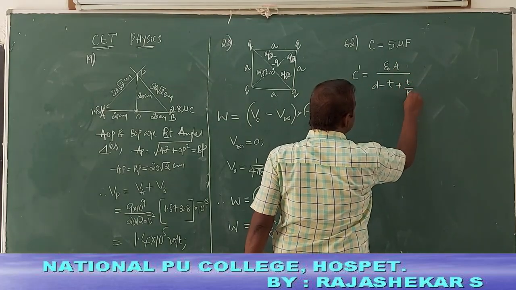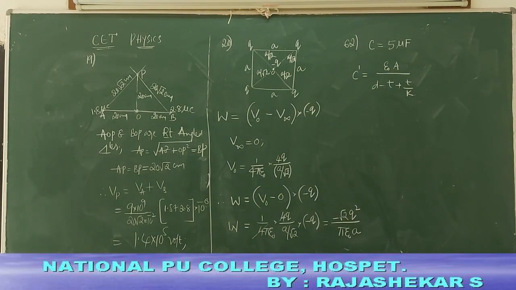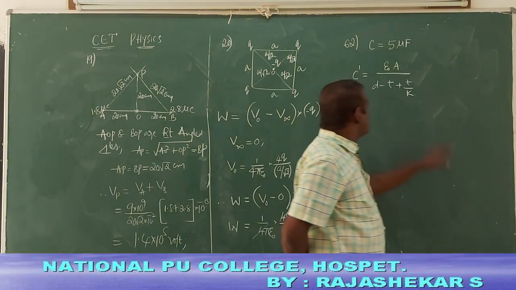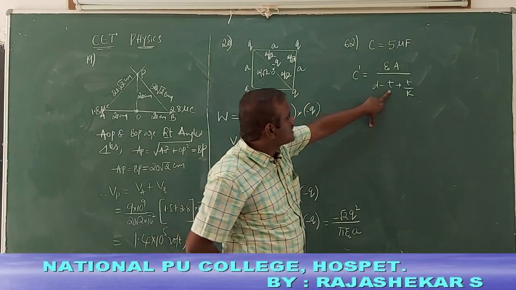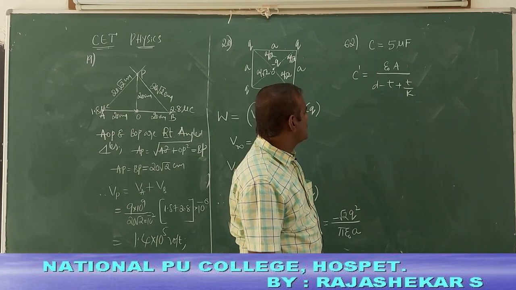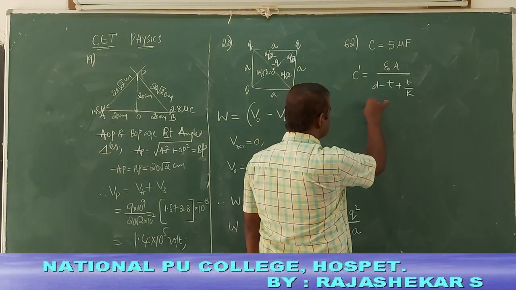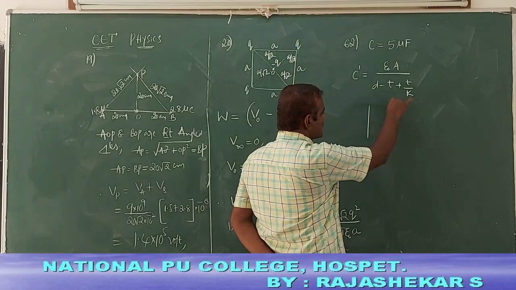This is the general formula you have to know. Here t is the thickness, d is the distance, k is the dielectric constant, right? Distance between the plates of the capacitor is given as 6 centimeter.